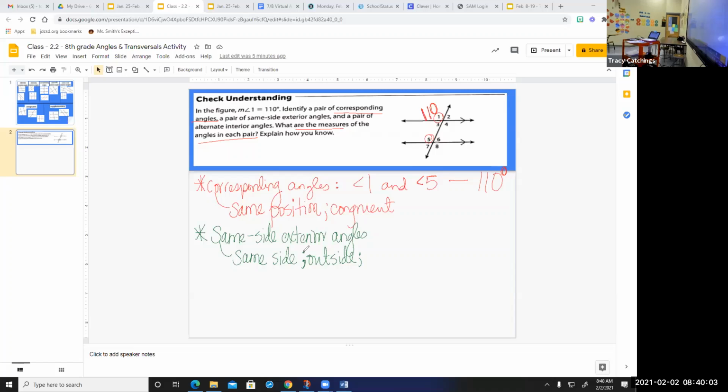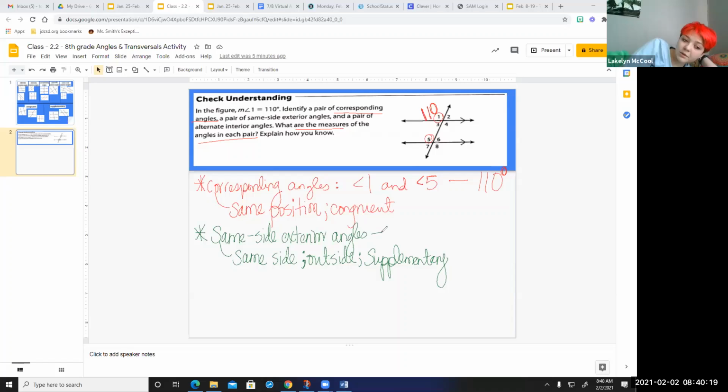I mean, if I still don't know this, I might need to be jotting it down somewhere. That's supplementary. Good job. That's it, supplementary. And what does supplementary mean? It adds up to 180.